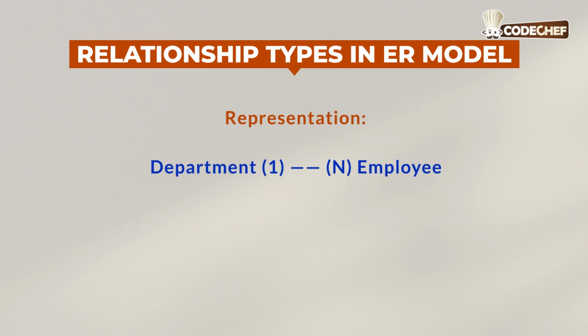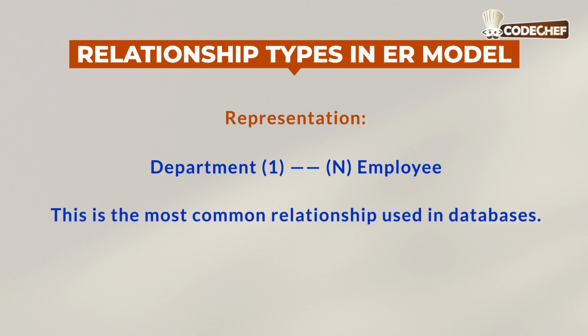What is one here? Department. There is only one department. And what is many? Employee. So one department can have many employees, but we cannot do vice versa. That means one employee cannot have multiple departments. And this is how we represent one-to-many relationship in case of the example of department and employee. This is the most common relationship that is used in databases.